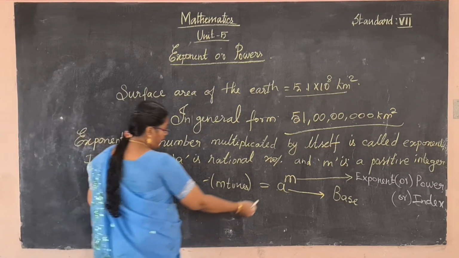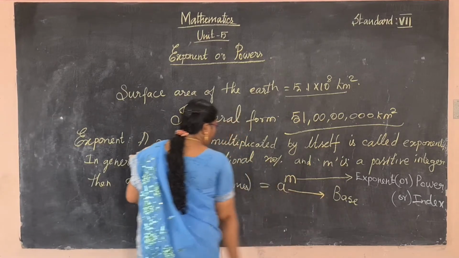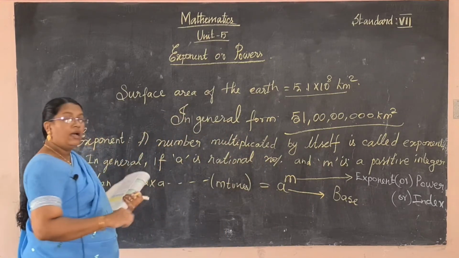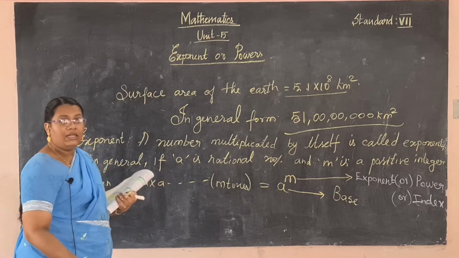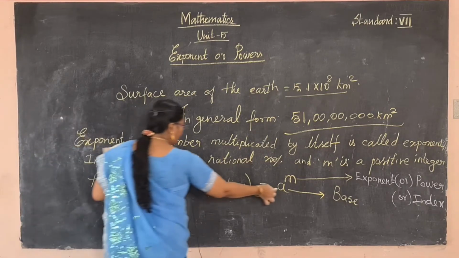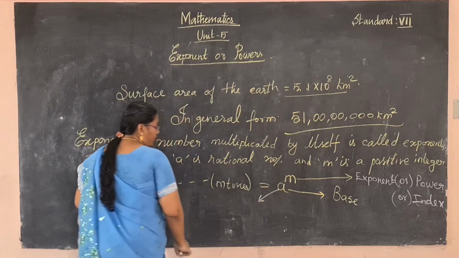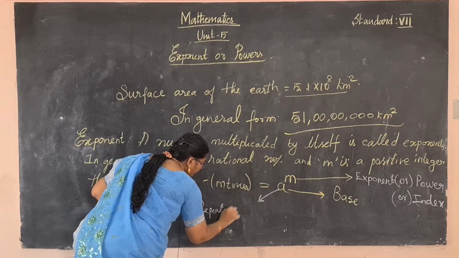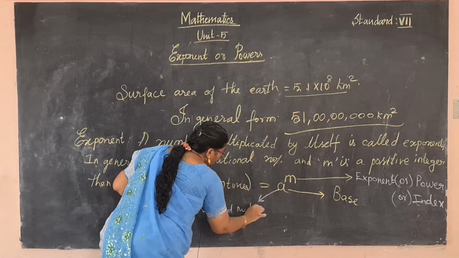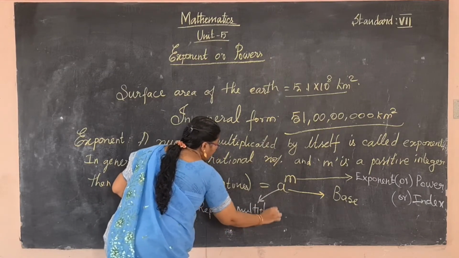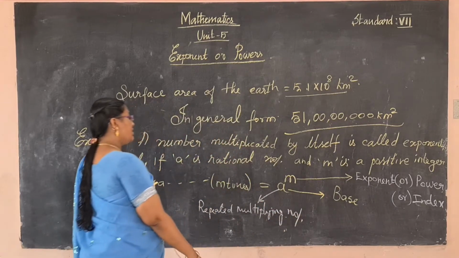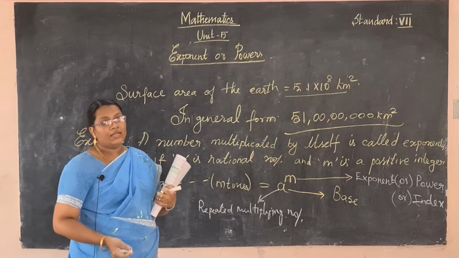So the multiplying number is called the base. Here A is called the repeated multiplying number. M means how many times that number is repeated.